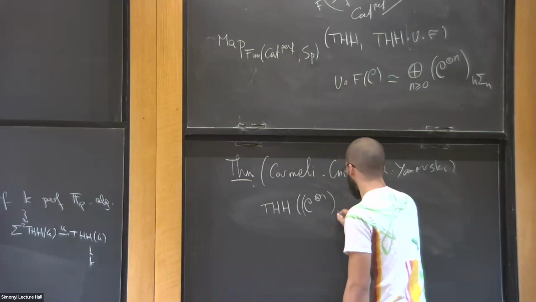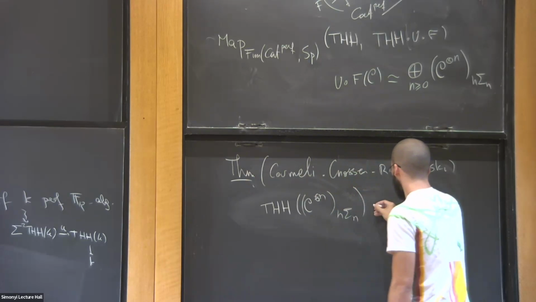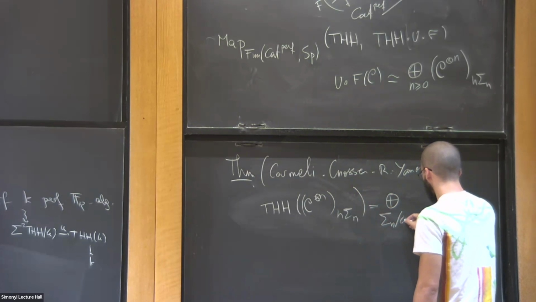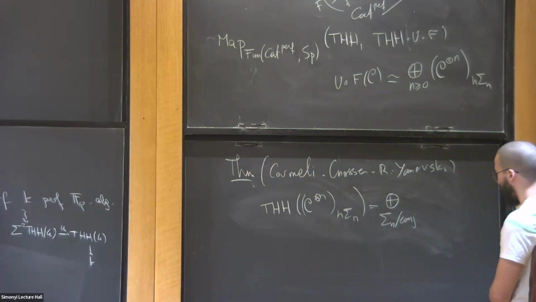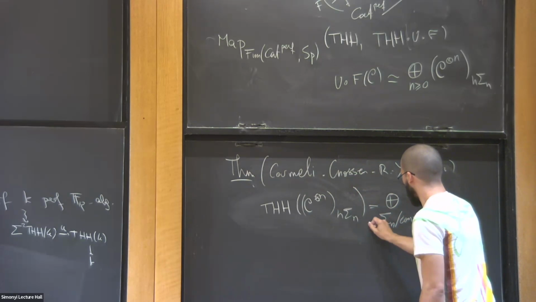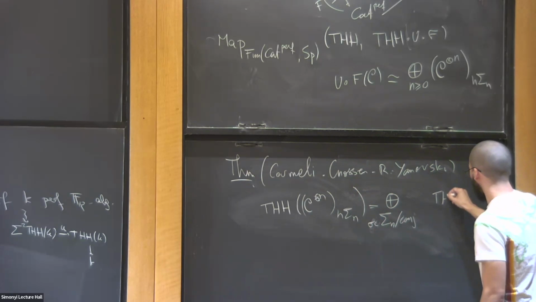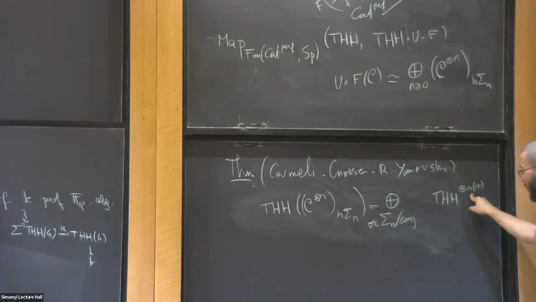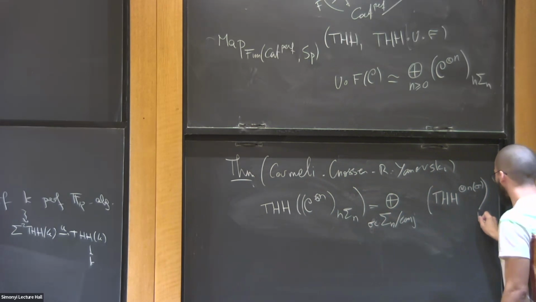That if you want to compute these THH of these orbits, you get the sum indexed by conjugacy classes of permutations, let me give it a name, sigma, of tensor powers of THH, where the number of tensor factors is the number of cycles in sigma, modded out by the centralizer of the permutation sigma.